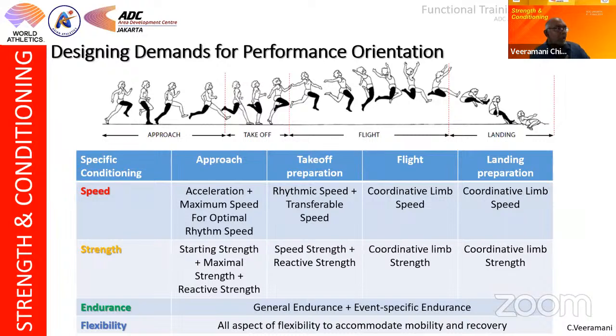Within that, we have the different biomotor abilities that we want to use for purpose. So here in speed, we look for acceleration, maximum speed as the combination. This will be coming as part of development first before I move to the actual run-up for optimal rhythm speed.